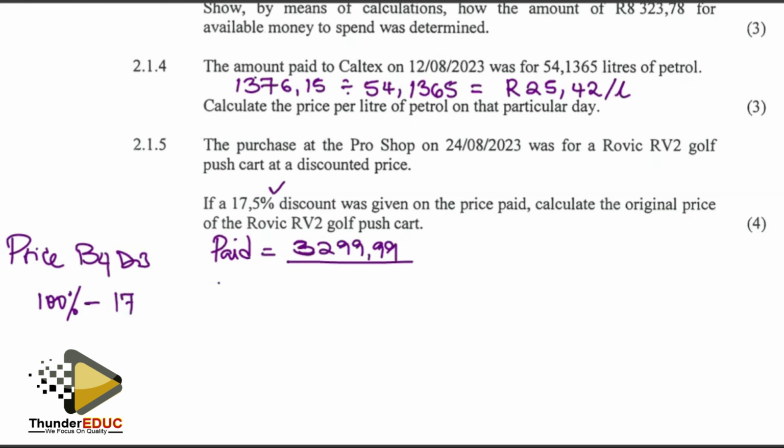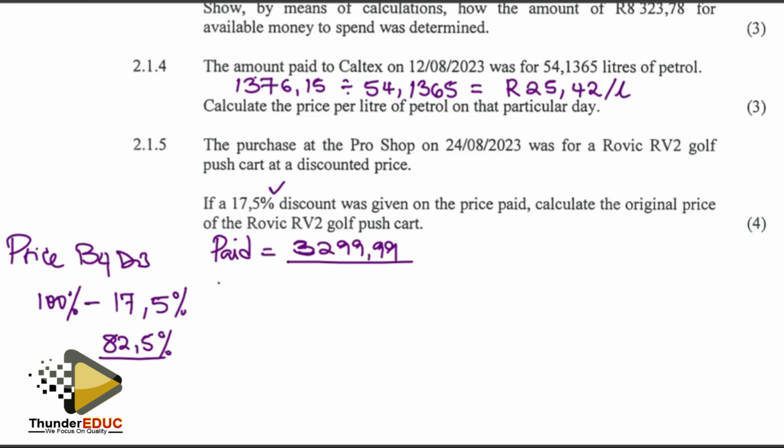If I remove 17%, 100% minus 17%, we remain with 82.5%. That means this price is worth 82.5%.